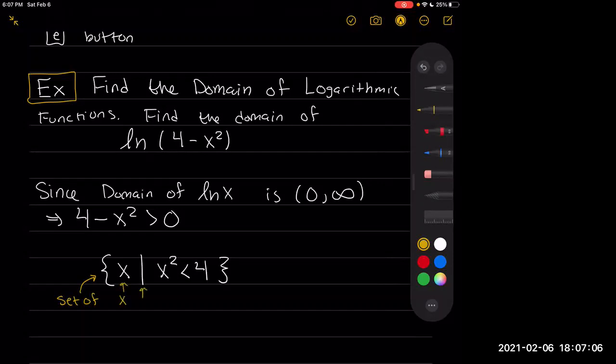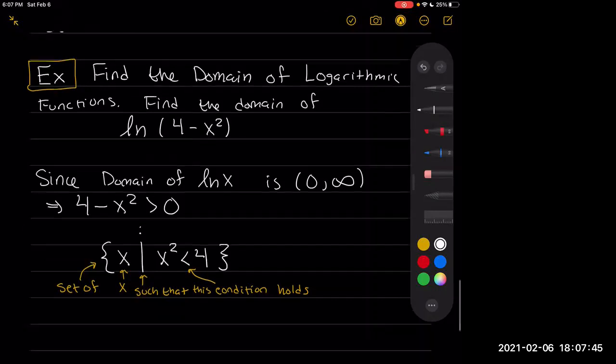This means such that, and it's such that this condition holds. When you read something like this, either in a textbook or online, it's curly bracket, something, line, and sometimes the line is a colon. I like to use lines. So set of something such that this condition holds. So we're looking at the set of x such that x squared is less than 4.